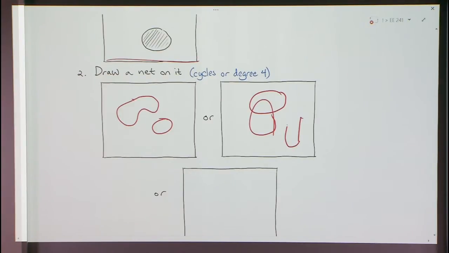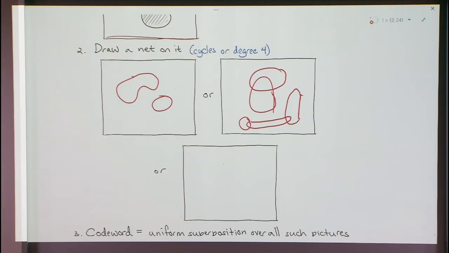They can't go like this either, because then you have these degree 3 things. So let's fix that. So this is a valid net. That's a valid net if you're careful. And I guess if I drew nothing, just a vacuum, that would also be a valid net.